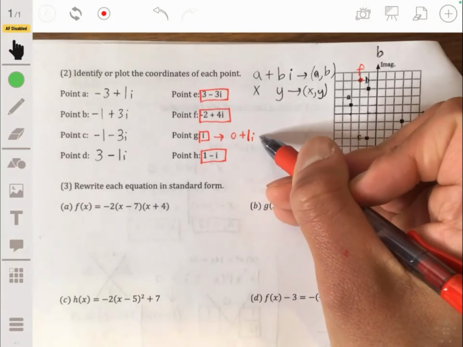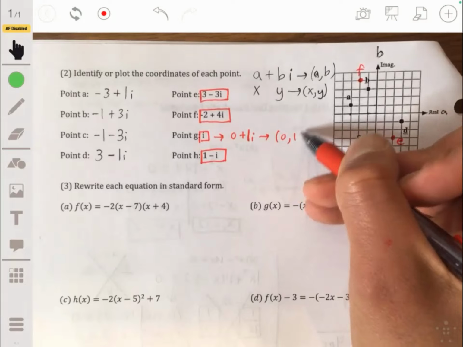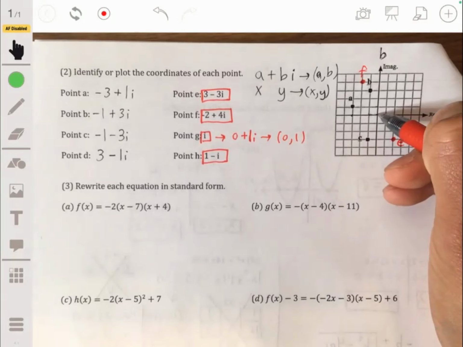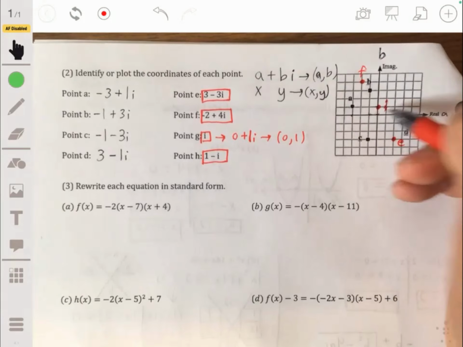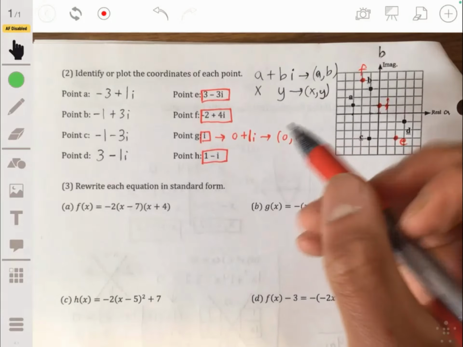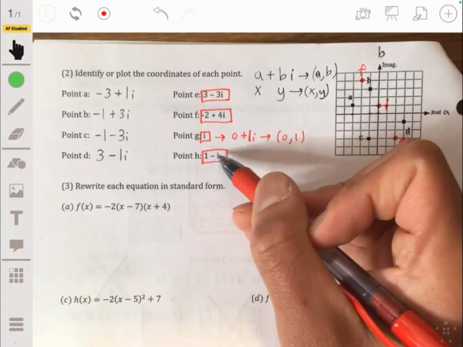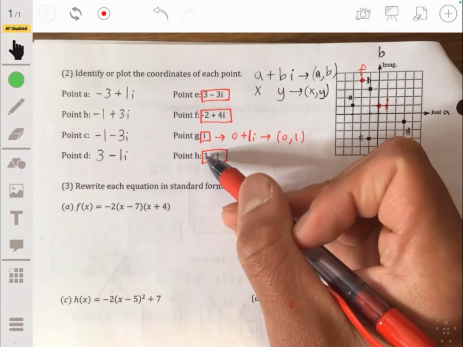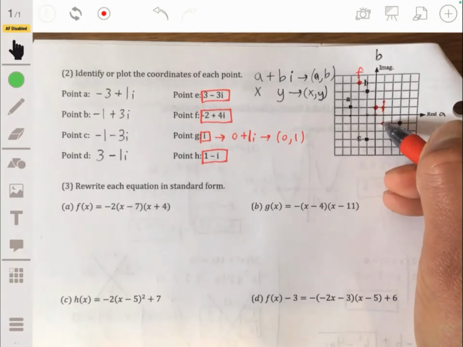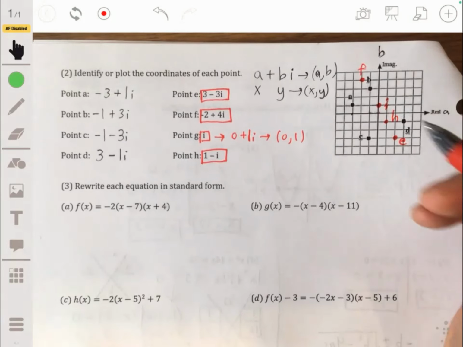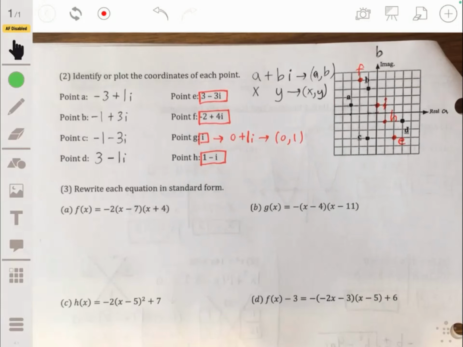So think of this as 0, comma 1. So it's going to be just right here, up 1 unit. Point H, 1 minus 1i, or think of it as 1, negative 1. So 1, negative 1. And that's all there is to that.